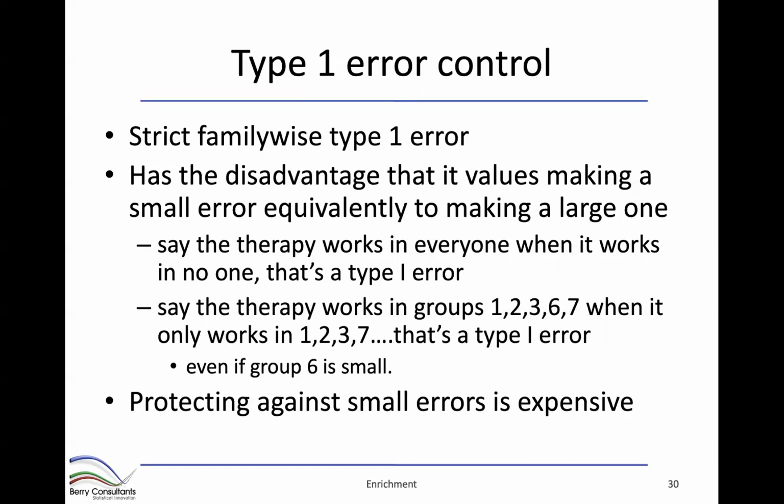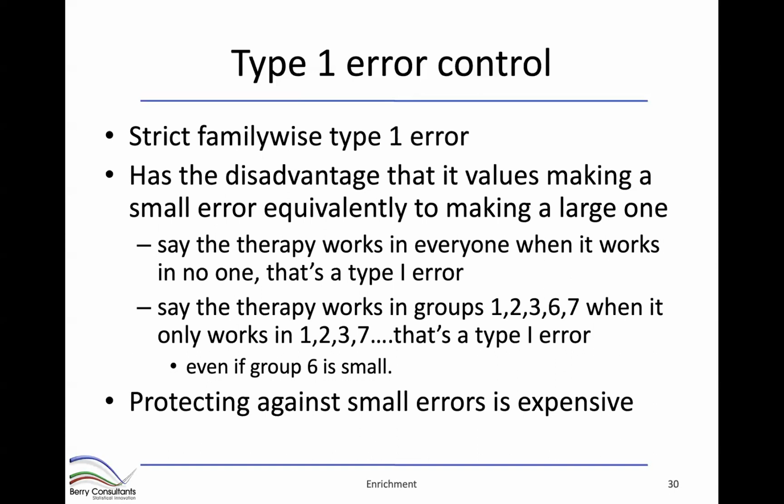It's possible for us to make much smaller mistakes. For example, suppose I say that the therapy works in groups 1, 2, 3, 6, and 7, lots of subgroups, and in fact it only works in groups 1, 2, 3, and 7. So that fulfills this type 1 error criteria.